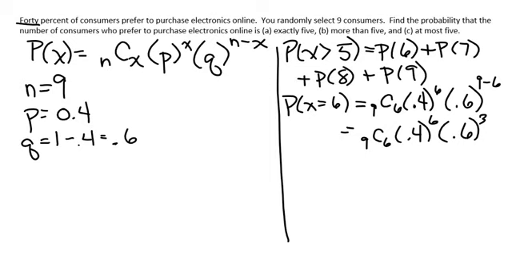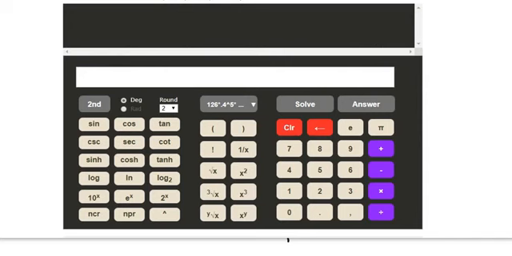Okay, I'm going to show you this one calculation, how we can enter it into the calculator all at once, and then I'll just give you the probabilities for 7, 8, and 9. Okay, here's my online calculator again. I'm calculating the probability that x is equal to 6.